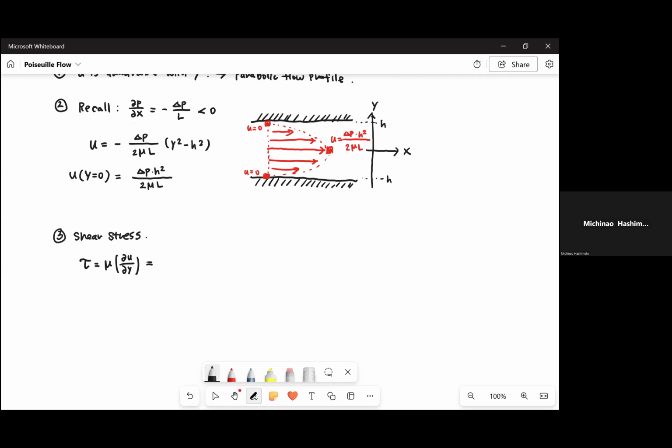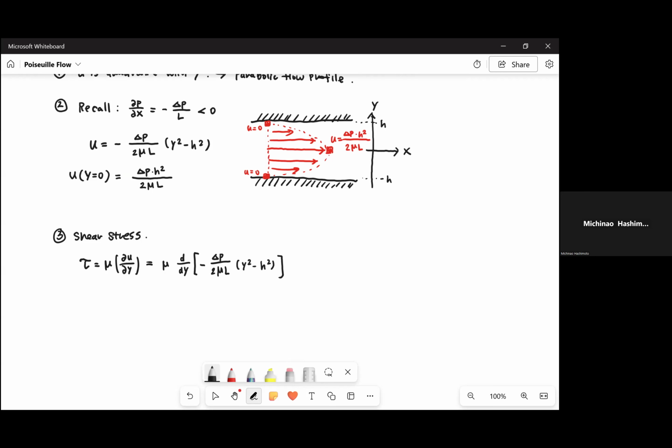So this is mu times the partial d/dy of u, where u is minus delta P over 2 mu L times (y squared minus H squared).